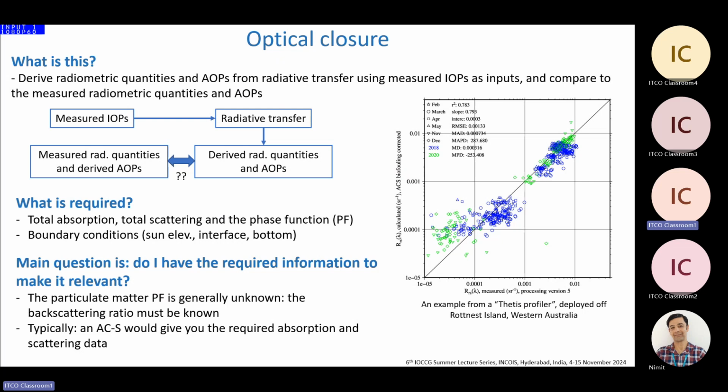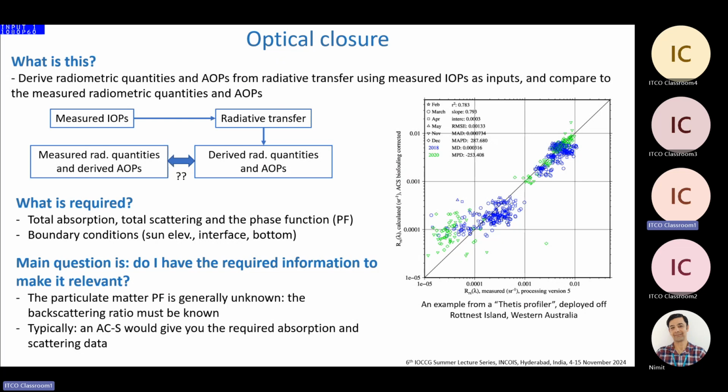So you need to be sure that you are doing the right thing. But if you manage your radiative transfer code well, you know it well, and you know that you are doing the right thing, adding your measured IOPs, going through this, deriving the radiometric quantities and AOPs, and comparing to the AOPs you have derived from your measurements is a very good way to get some confidence that everything is consistent.